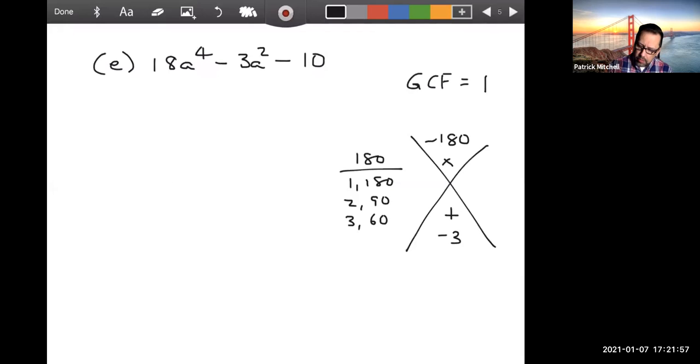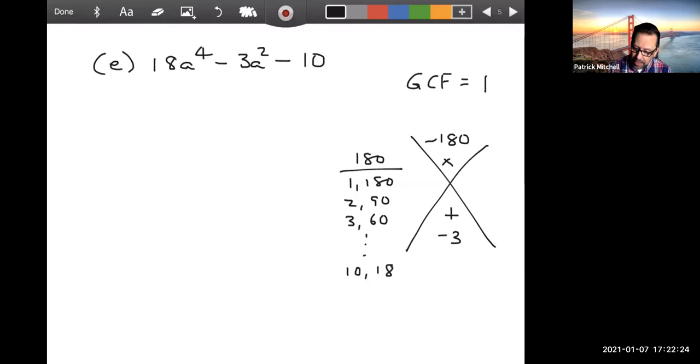Okay, so let's say I skip a few. 180 ends in a 0, which means that one of its factors is 10. So 10 and 18. Those are a lot closer together than the other numbers that I have. So let's just keep going from 10 and 18. I could ask the calculator what's 180 divided by 11. I would get a decimal.